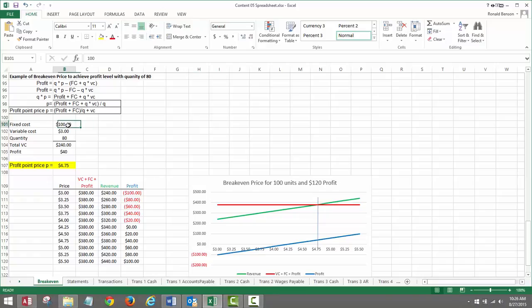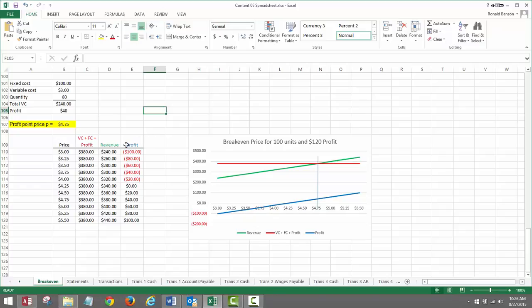So the fixed cost is 100, variable cost is $3, same as before, quantity of 80, but we want a profit of $40. That's what has changed, and we add the $40 to the fixed cost this time. It's really about the only difference. And you can graph that, and it comes out to be 4.75.